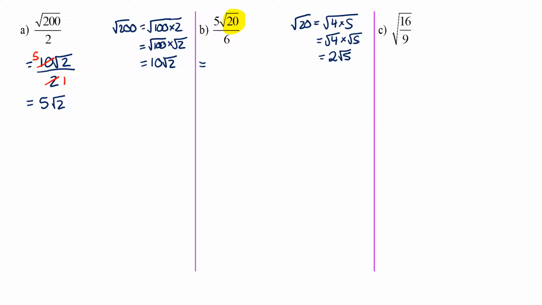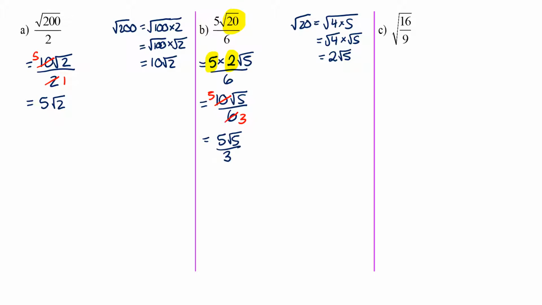So if I come back now, I've got 5 times the square root of 20, so 5 times 2 root 5, all over 6. I can look at my numbers. So I've got 5 times 2, which is 10. So I've got 10 root 5 divided by 6. 10 and 6 can be divided by 2, so 2 into 10 is 5, 2 into 6 is 3. So I'm left with 5 root 5 all over 3.